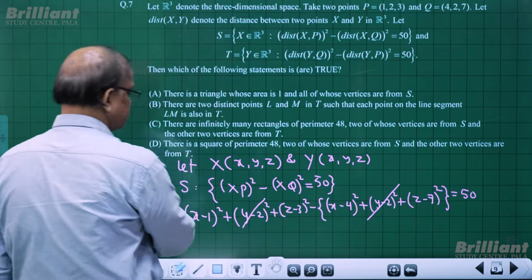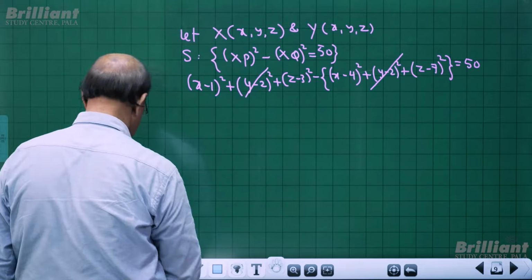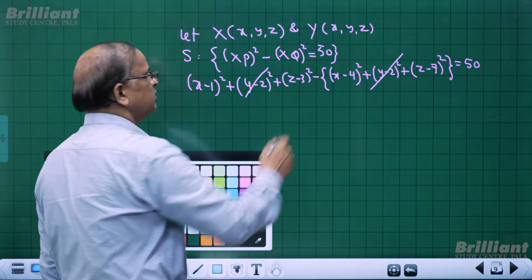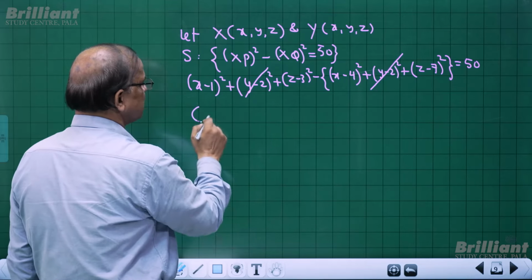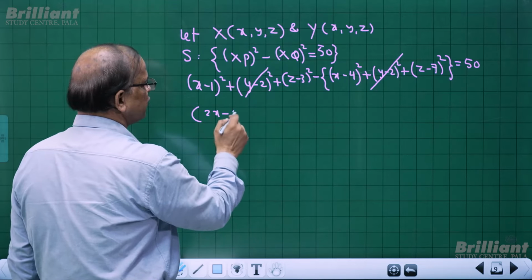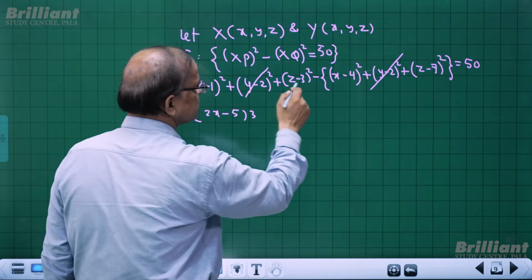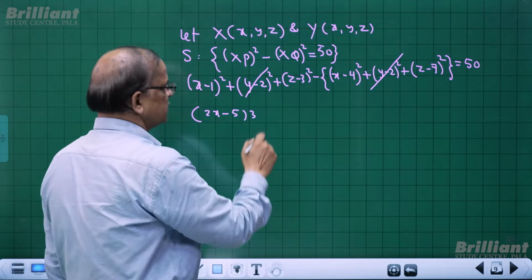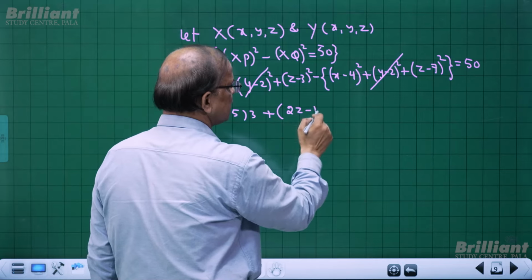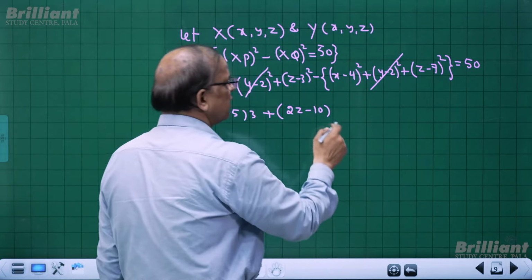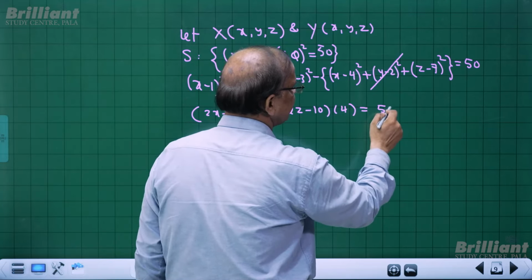Now we can use a squared minus b squared, which is (a plus b) into (a minus b). So a plus b is 2x minus 5, and a minus b is 3. Similarly for z, a plus b is 2z minus 10 and a minus b is 3 minus 7, that is minus 4, equal to 50.